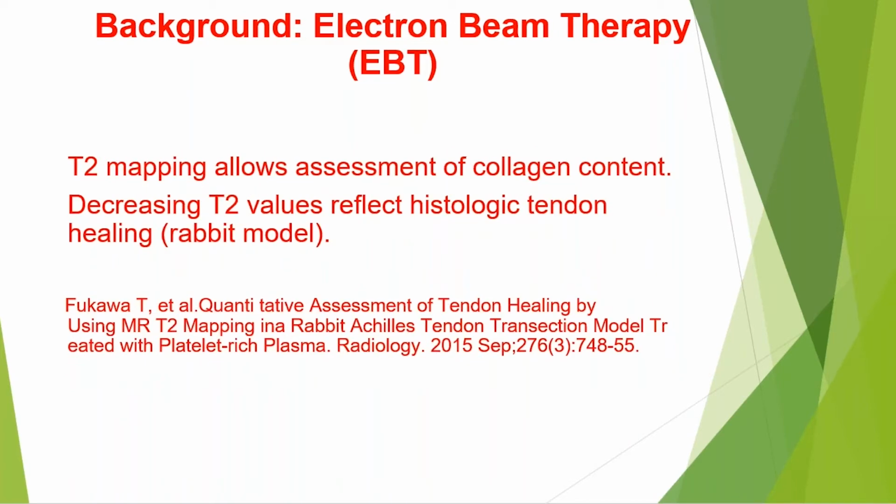Other investigators, Fukawa et al., prior to our publication, had been working with T2 mapping, allowing a quantitative assessment of collagen content in a rabbit model. And their work showed decreasing T2 values also correlated with histologic tendon healing.